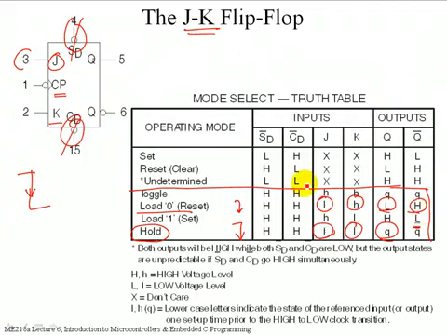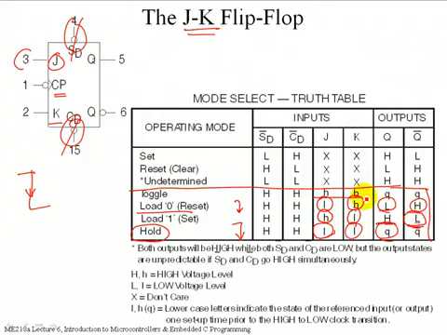If I flop it around, put the high state on the J input and a low state onto the K input, I'm going to force it in the other direction. Force the Q output to be a high and the Q bar output to be a low.